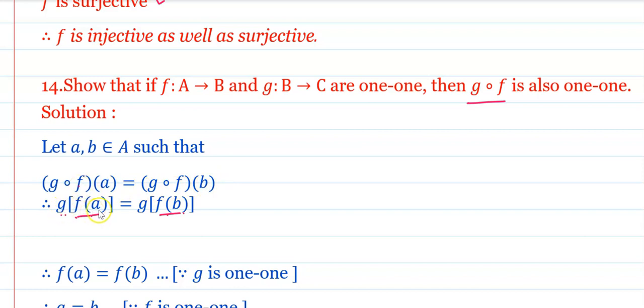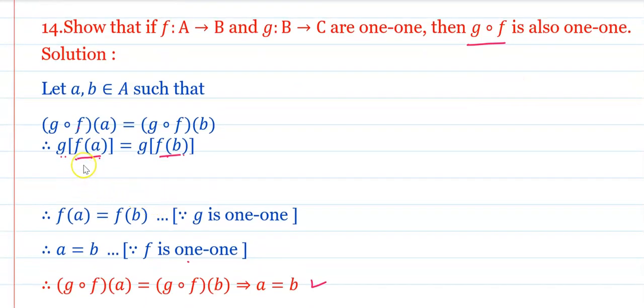That is g of f of a is equal to g of f of b. Okay, next, as the images of these two elements under the function g, that is g of f of a is equal to g of f of b, it means that f of a is equal to f of b. इथे काय म्हणतोय आपण? हा g कसा आहे तर 1 1 आहे.